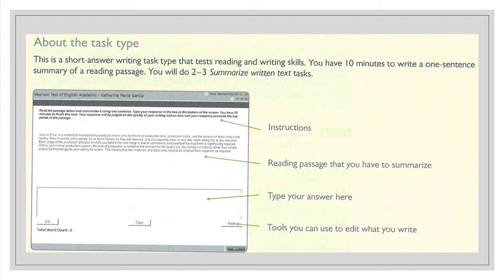Then in the text box given below the question, you can type your answer. There are also tools for you to edit what you write. For example, if you want to copy the same sentence from the passage above, you can copy the text using the copy tool. There are many other actions also, like cut and paste.